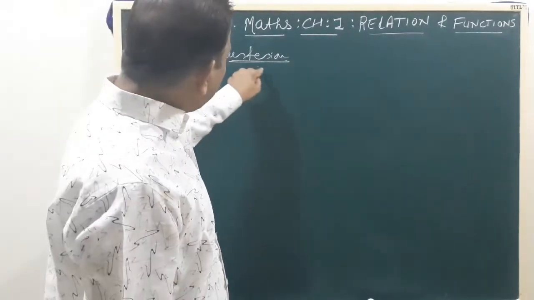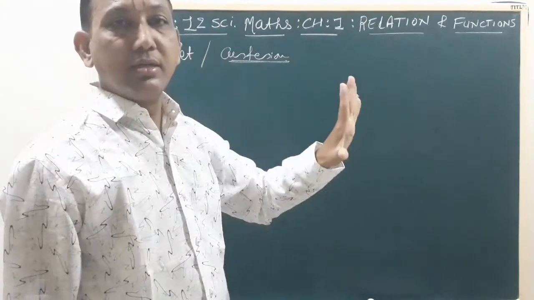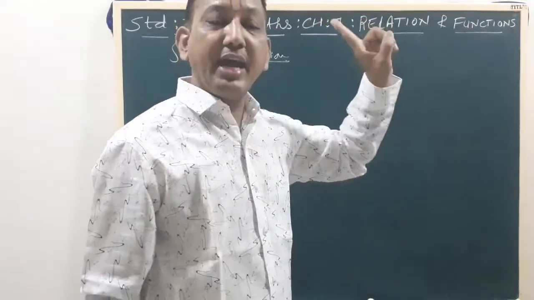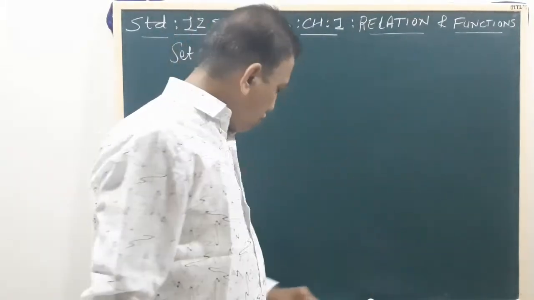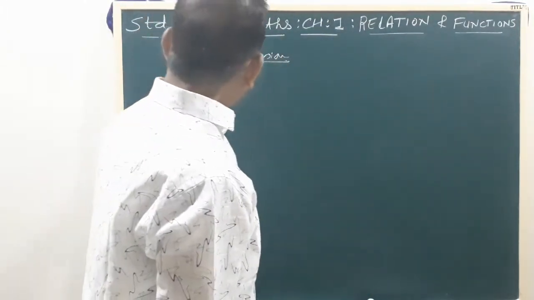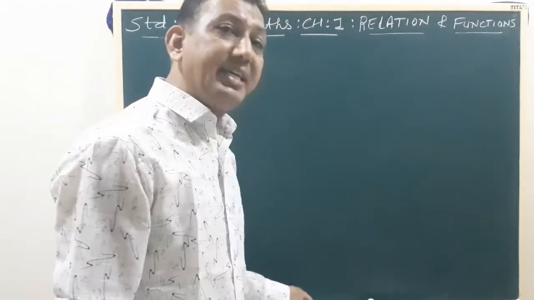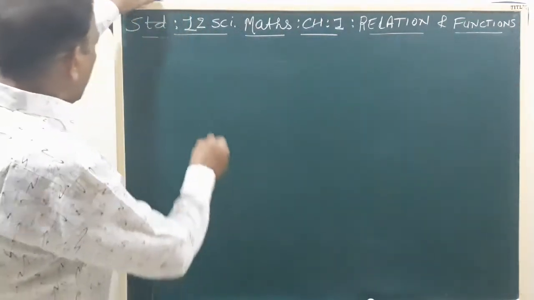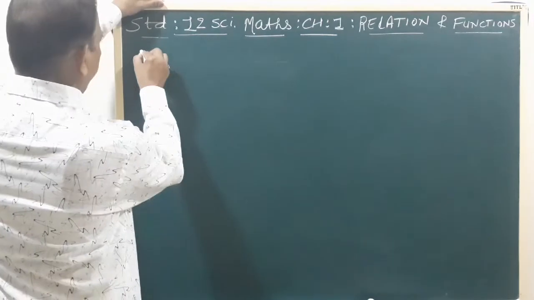We start with the Cartesian product and then go to relation and function. So first we clear the concepts of 11 science, then go to 12 science. Okay? Now look here. First we give an example.